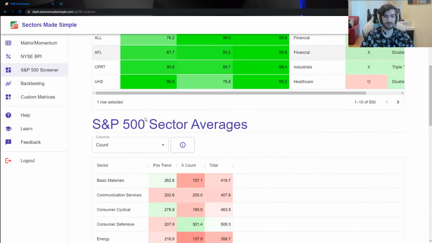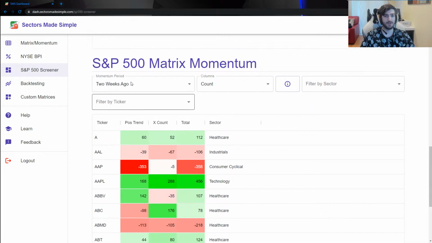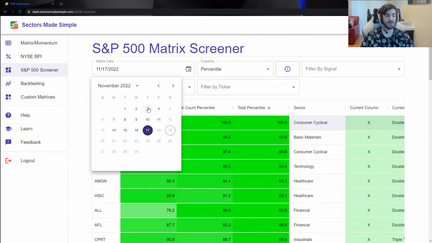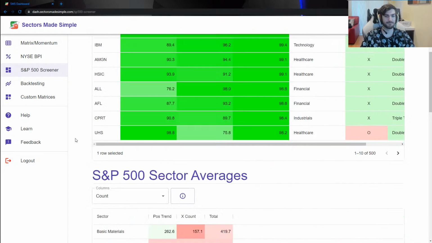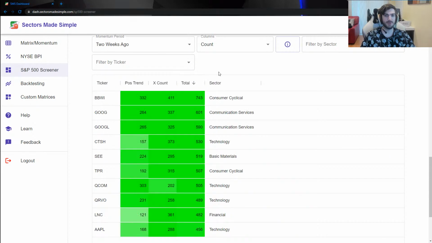And if we take a look, down here is where you will find that information. So in this case, we are looking at the 2-week momentum period. So we are comparing the matrix from 11:17 to the matrix from 11:3. And in this case, we can see BBWI has gained 713 total count.